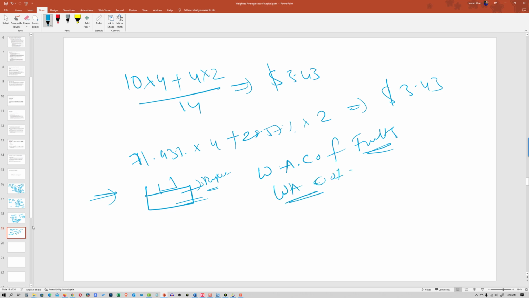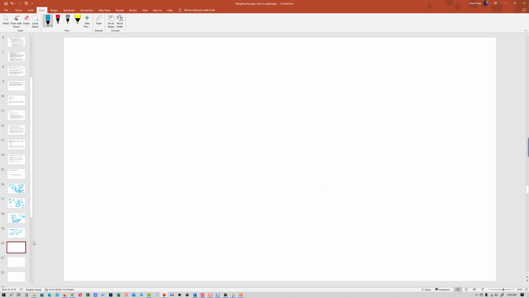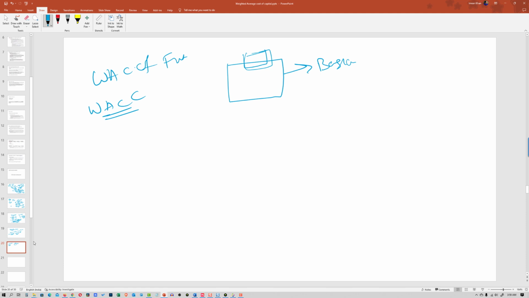So we are going to use the same knowledge that we've learned here for calculating the weighted average cost of fruit for the weighted average cost of capital. Okay, now I said in my fruits example, I have a basket, right? I'm going to replace my basket with company.